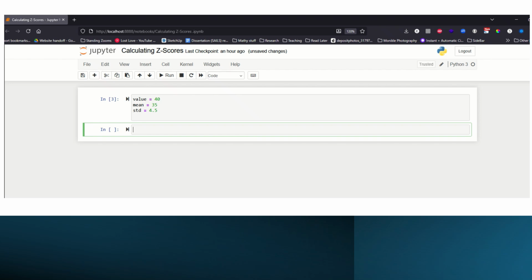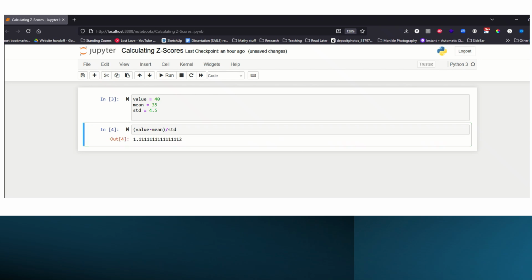The way I do that is I take the value and subtract the mean from that value, and then I divide that whole quantity by the standard deviation. And the result is a score, a z-score.